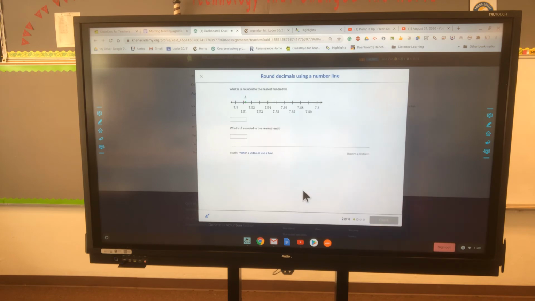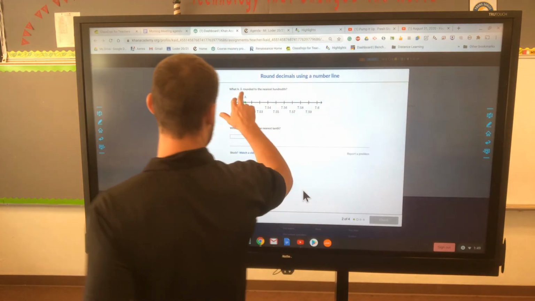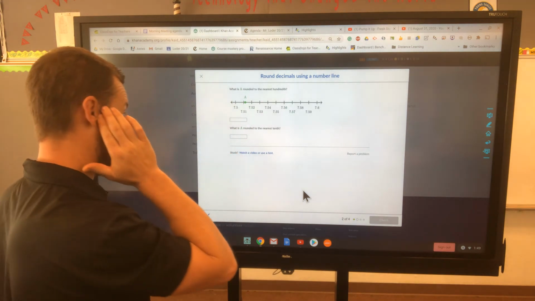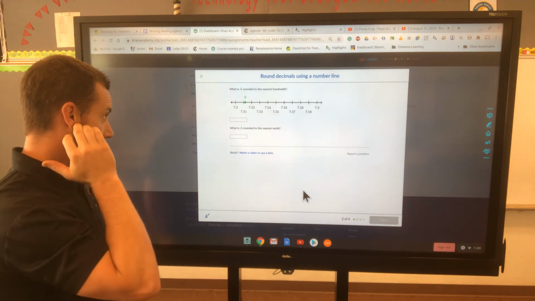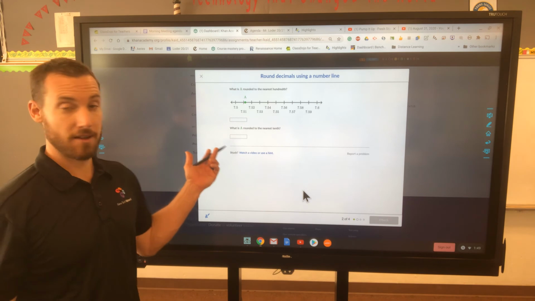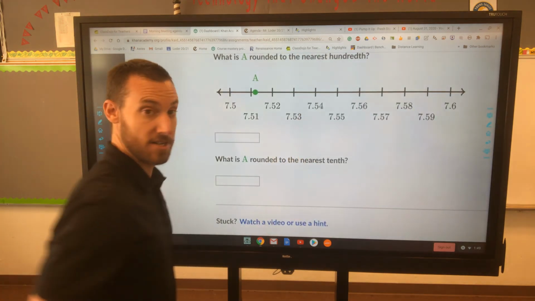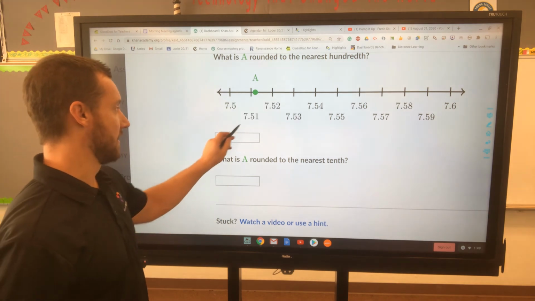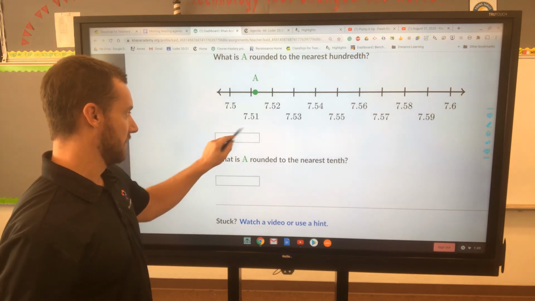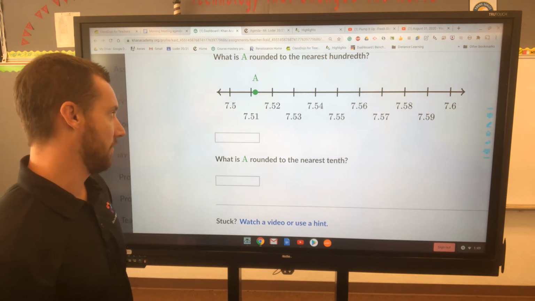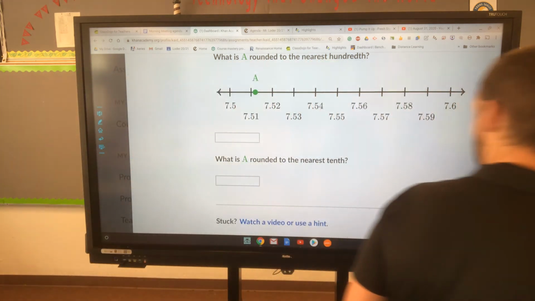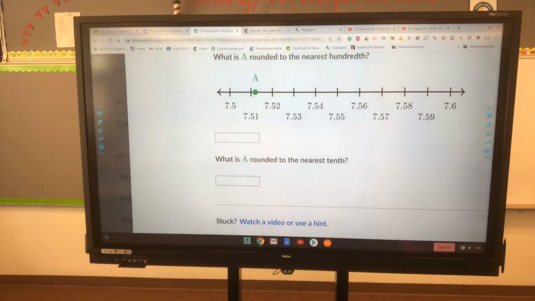Next. Okay, so it says, what is A rounded to the nearest hundredth? All right, so basically it's saying, where's our nearest hundredth? Really easy. Here's our nearest hundredth, 7.51, right? .51.